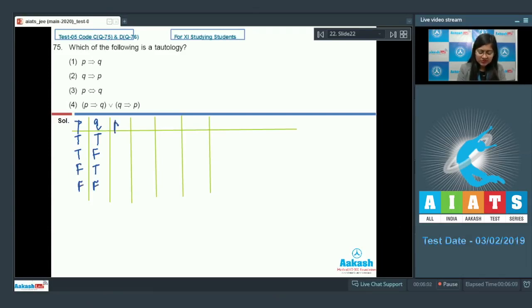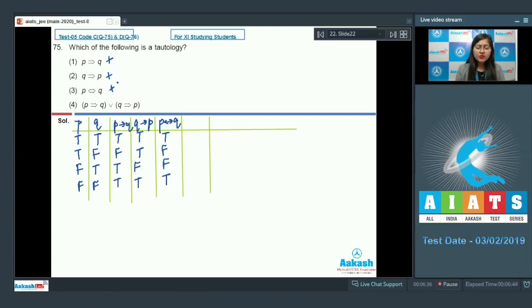Now the first option says P implies Q. This is clearly when it is TF, then it is F, otherwise it is T. So this is not a tautology, so this is not the answer. Similarly, you can see for Q implies P also, only this is F, rest all are true. So this is also not a tautology. Similarly, going for the third option, it will be T, F, F, T. So this is again not the answer.